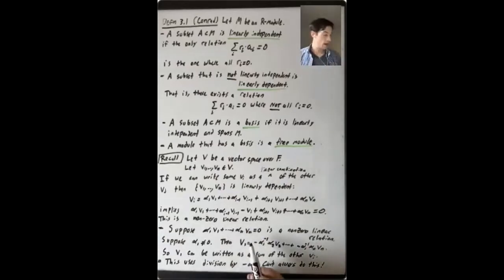All right, but how come we can't always do this in an R module? Because this involved multiplying by this element alpha 1 inverse. And if you're just in a ring, you don't know that all of the coefficients in the ring that occur in this non-zero linear relation actually have inverses. A lot of the times they don't. So to say that these two conditions are equivalent in vector spaces uses the fact that we can always divide by alpha 1 when alpha 1 is not 0.